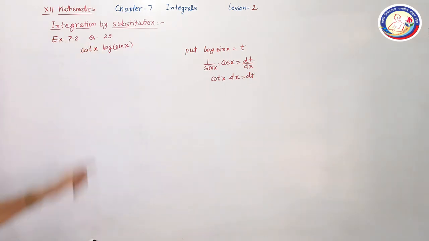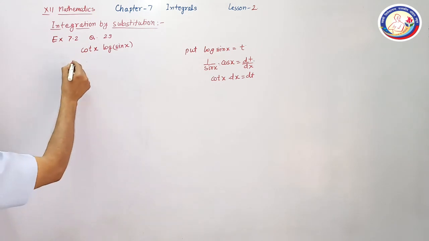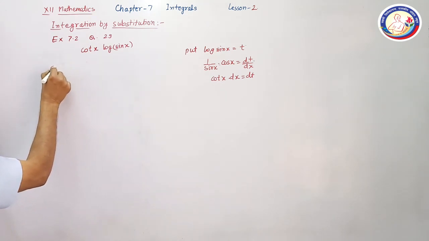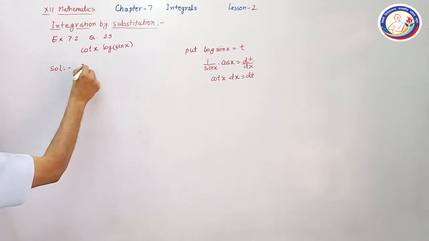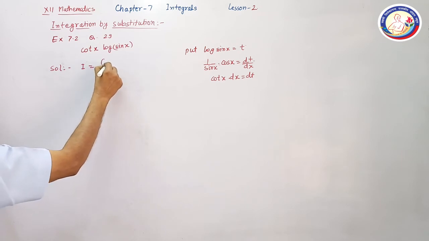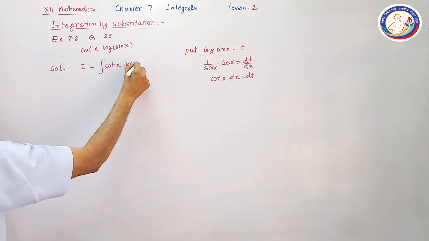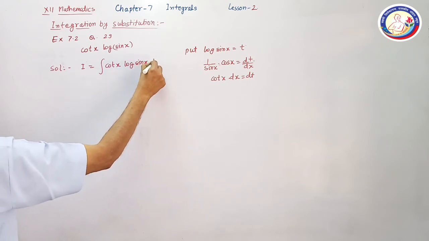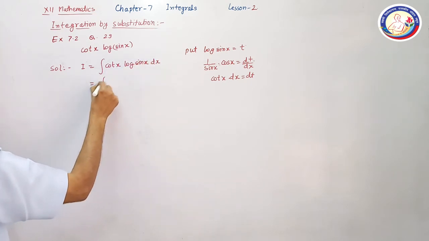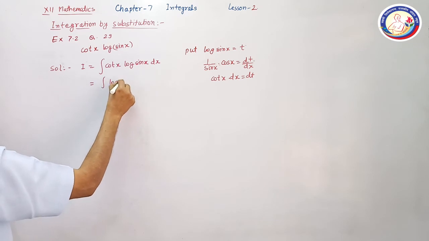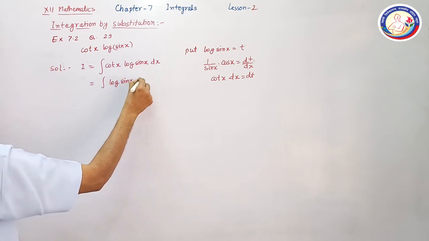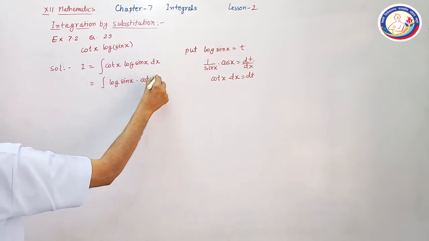Now cot x is present here in this integrand. So use this substitution. Let I be the integral of cot x and log of sin x dx. Write it as log of sin x into cot x dx.